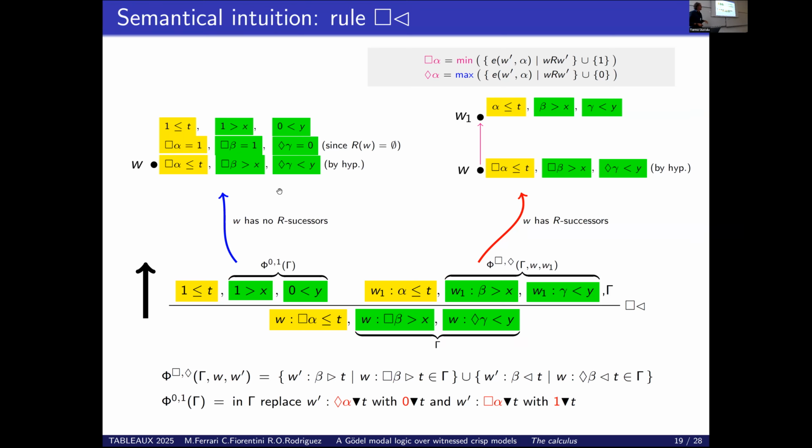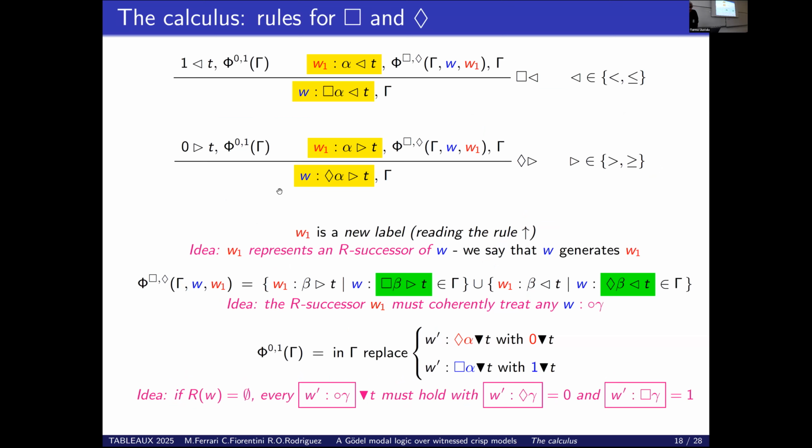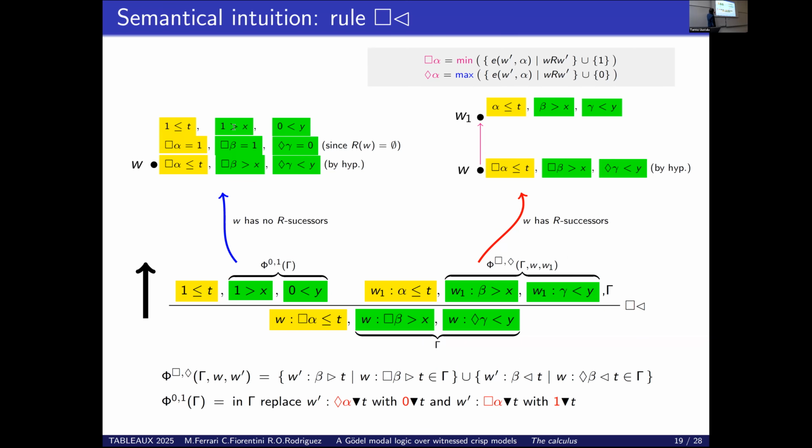The left one corresponds to the case where w has no successor, and the right one is the case where w has a successor. The rule on the left substitutes the formula with 1, and this corresponds to the fact that every successor box of alpha must be 1, and so 1 less or equal to t is satisfied.